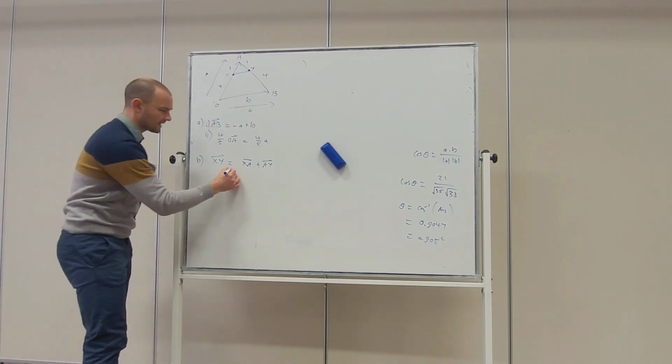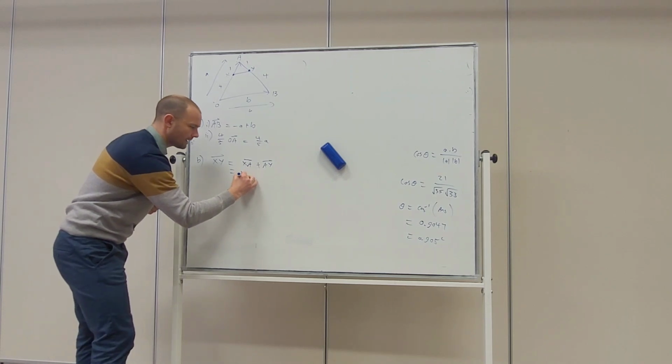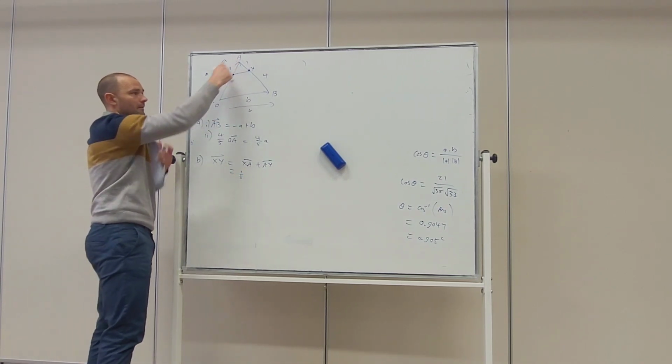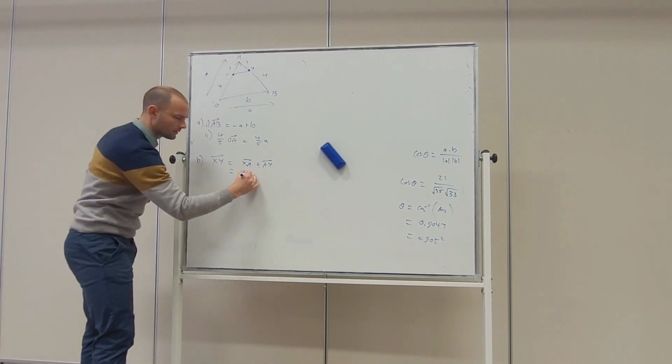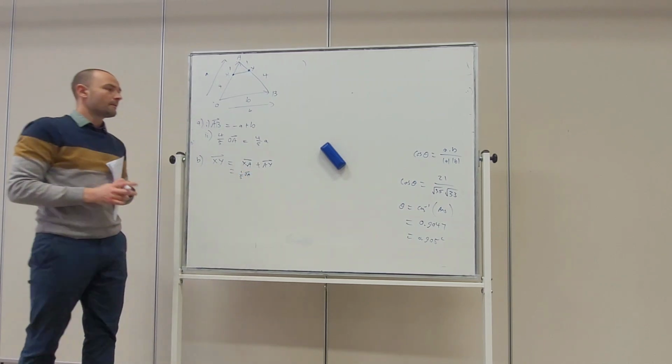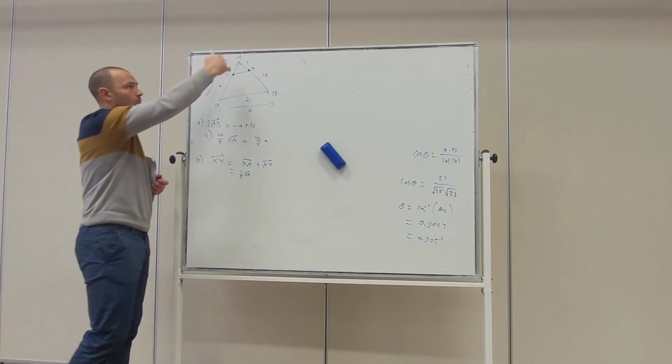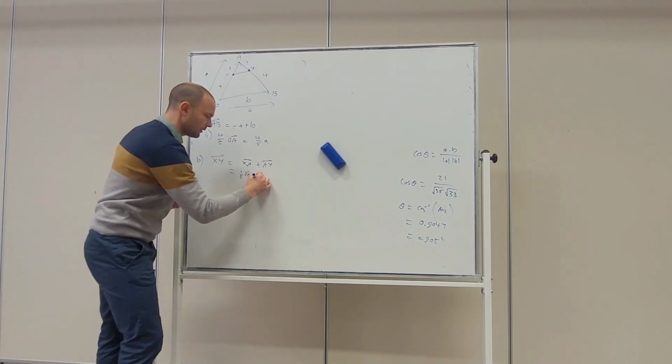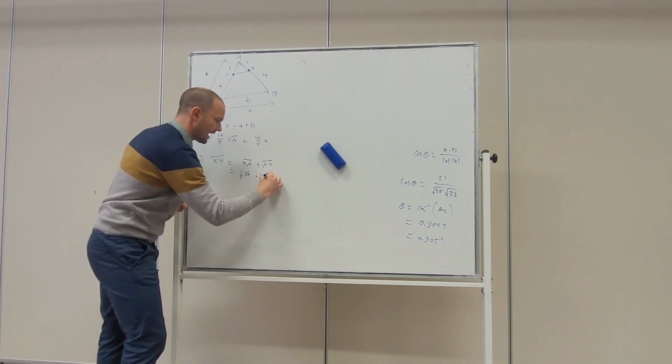Now vector XA is 1/5 of vector OA, and vector AY is 1/5 of vector AB.